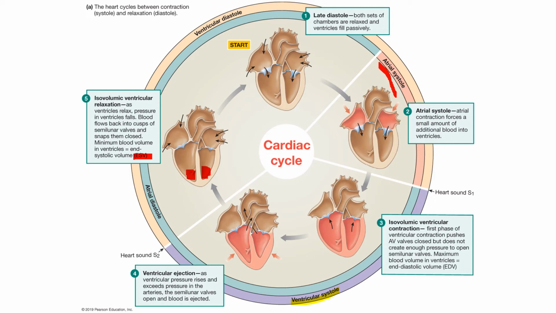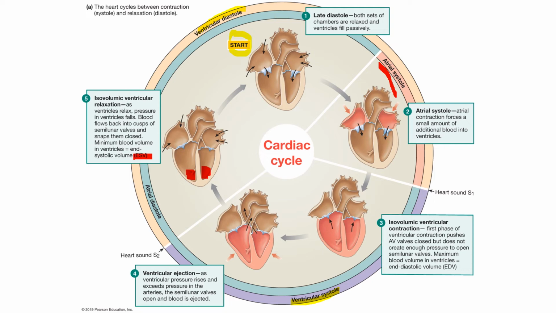And then of course, your atria are going to be relaxing right here, so they are in diastole, and you can see that there will come this stage right here where it says start. This is where actually all the chambers are in diastole, meaning relaxed, both your ventricles and your atria chambers.